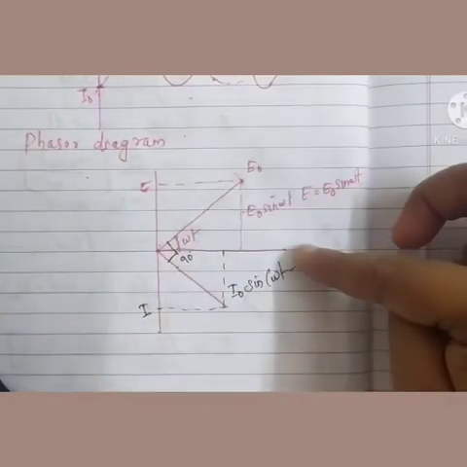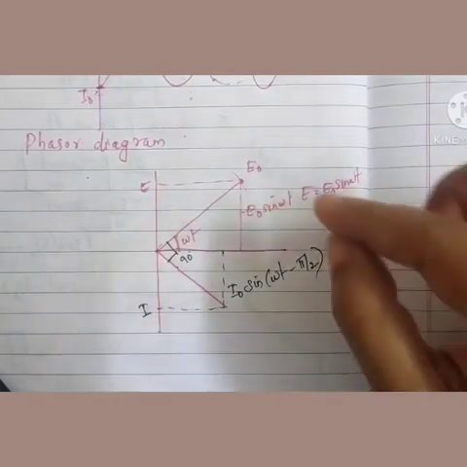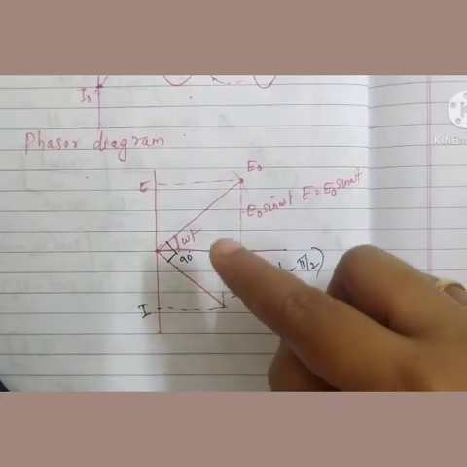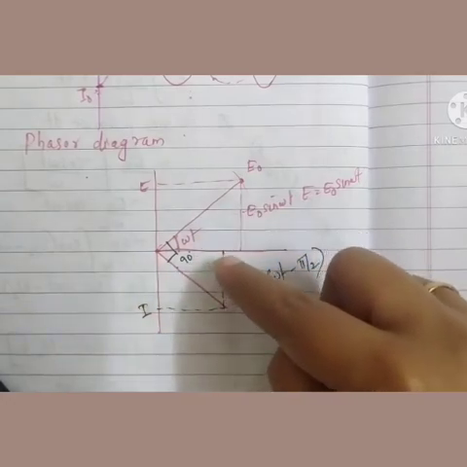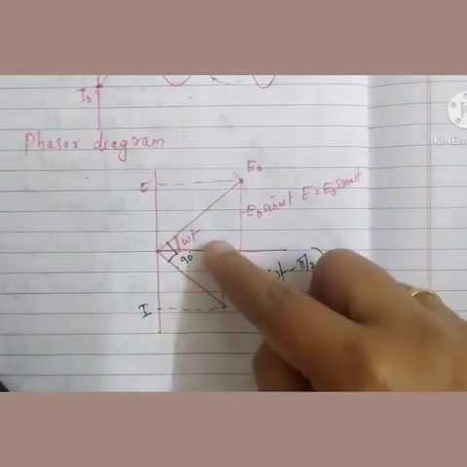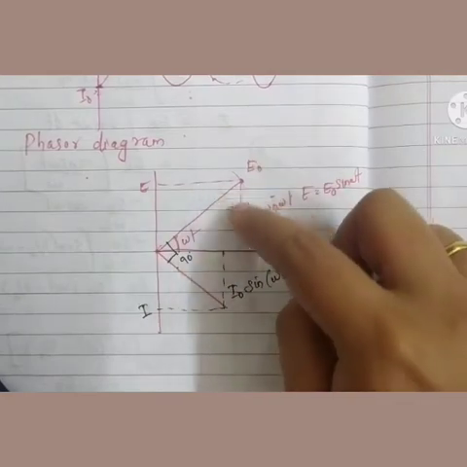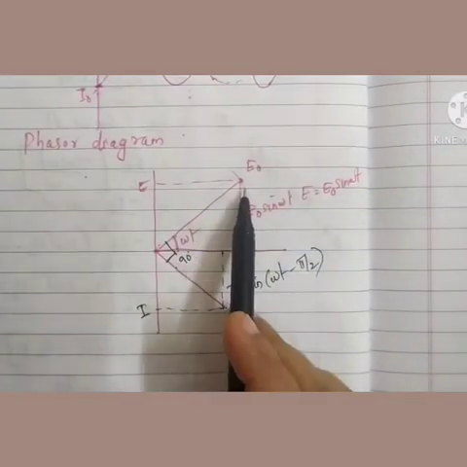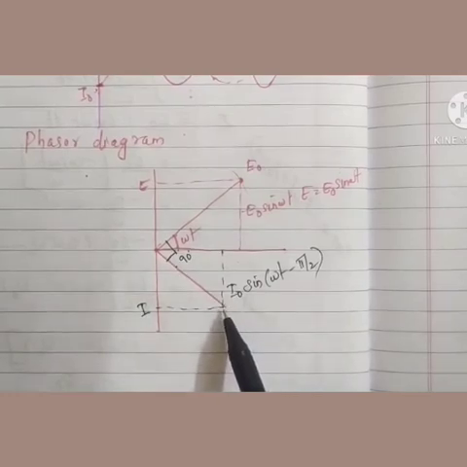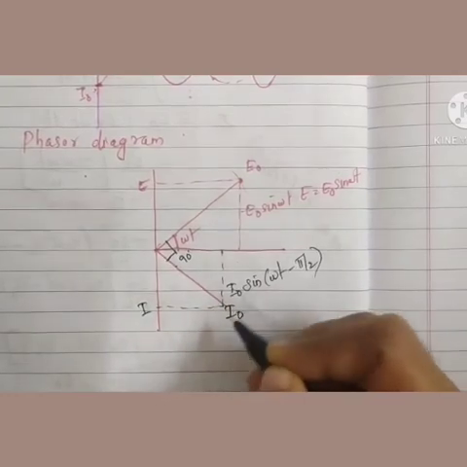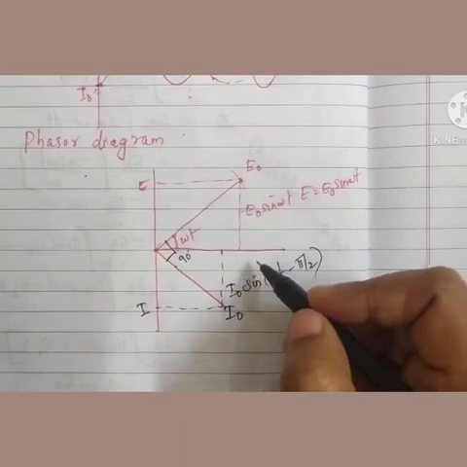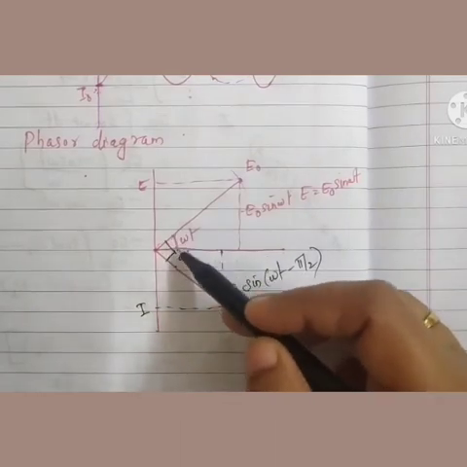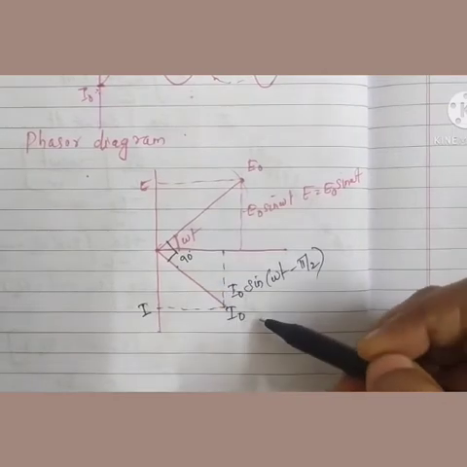As current lags behind the voltage by 90 degrees, the phasor representing I naught is turned 90 degrees clockwise with the direction of E naught. So the net effect is omega t minus 90 degrees for I naught.